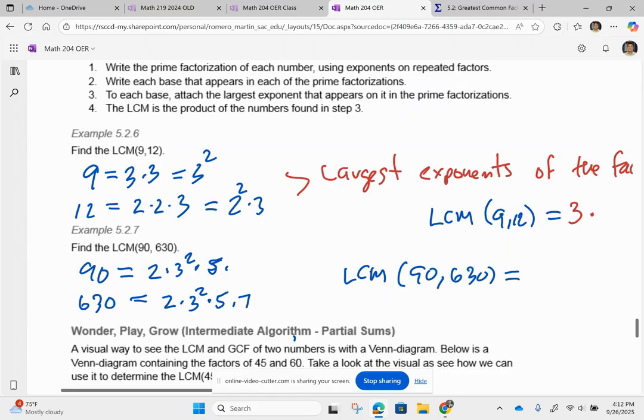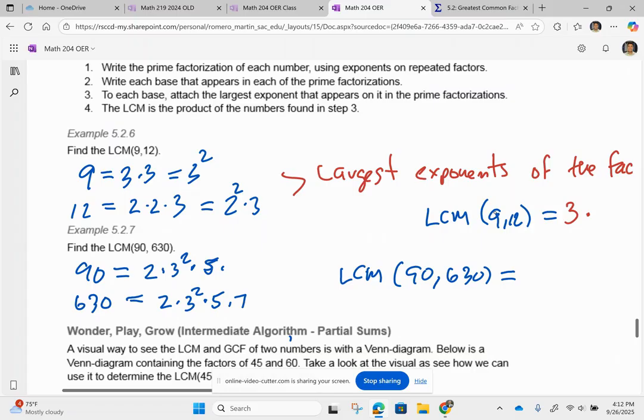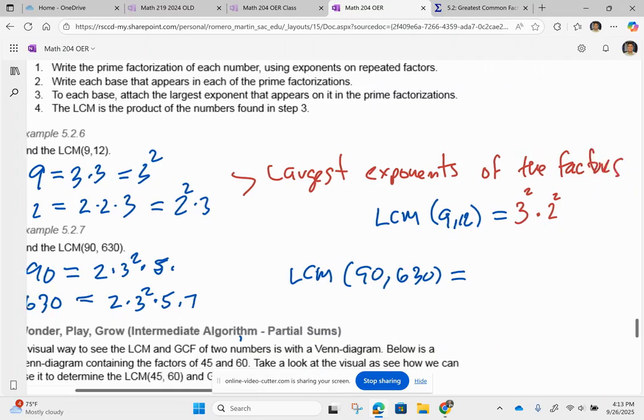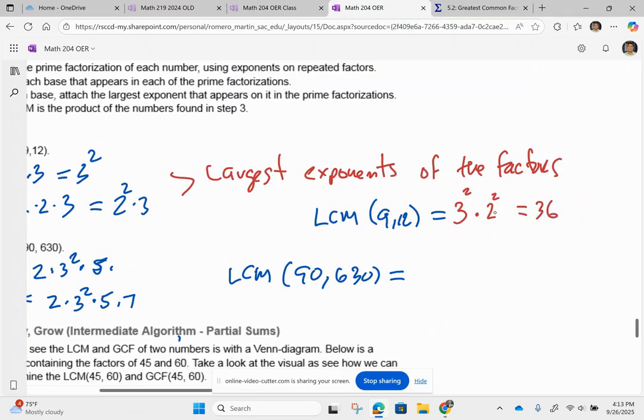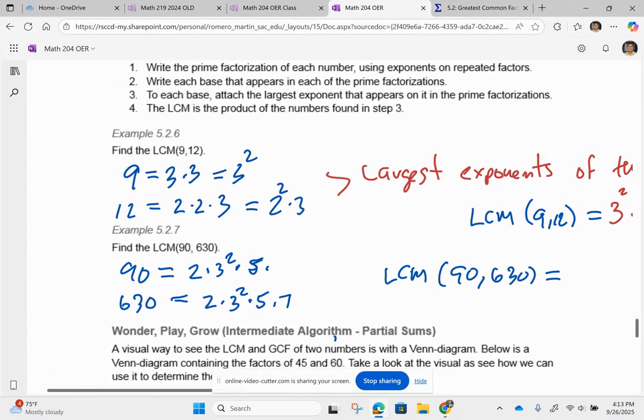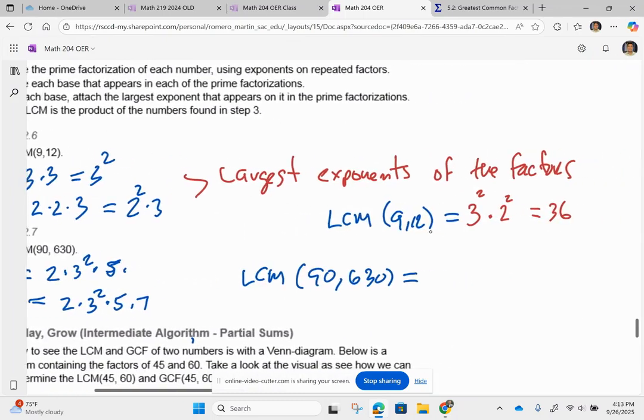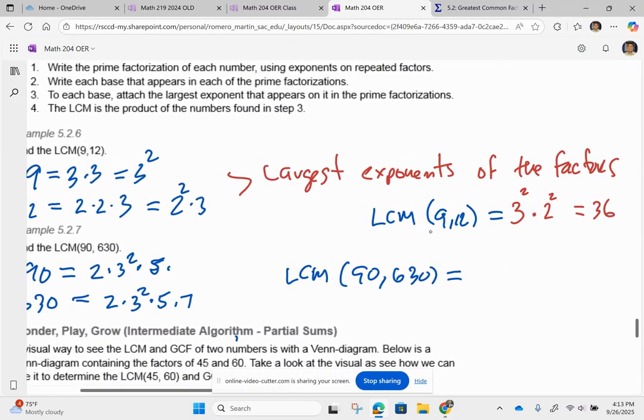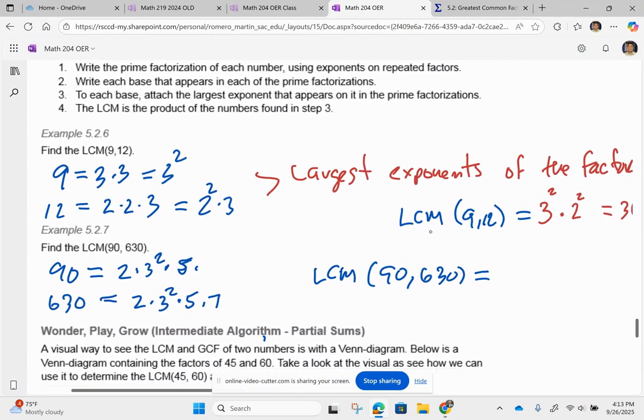There's no 2 in the other one, so I'm going to take the 2 squared, or 4. Sorry, I need a 3 squared and the 2 squared, not a 3, the largest one. So this would give me 36. The least common multiple is 36. That's the first time they intersect with each other when you count by 9s and 12s.